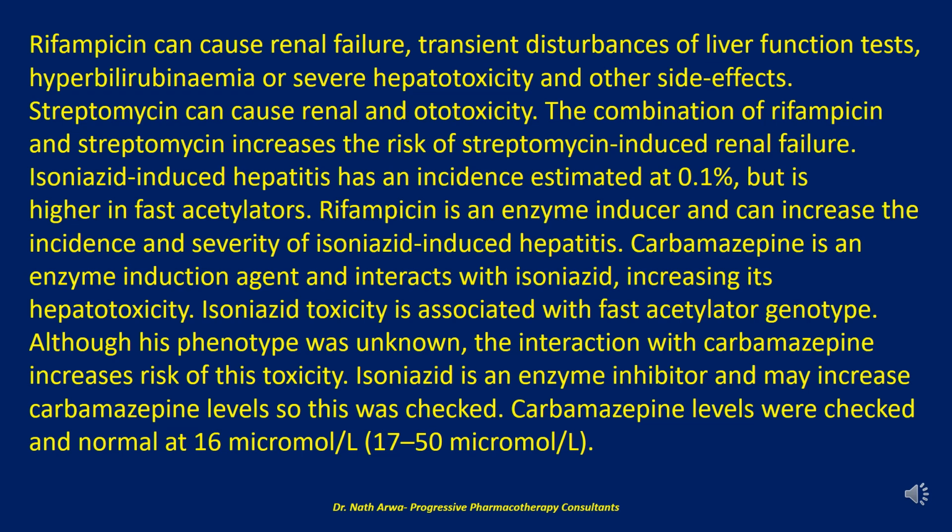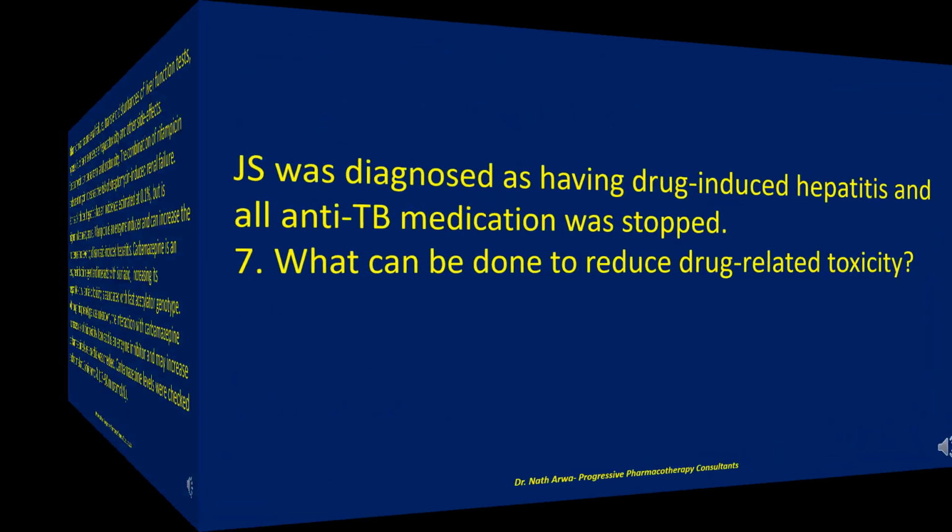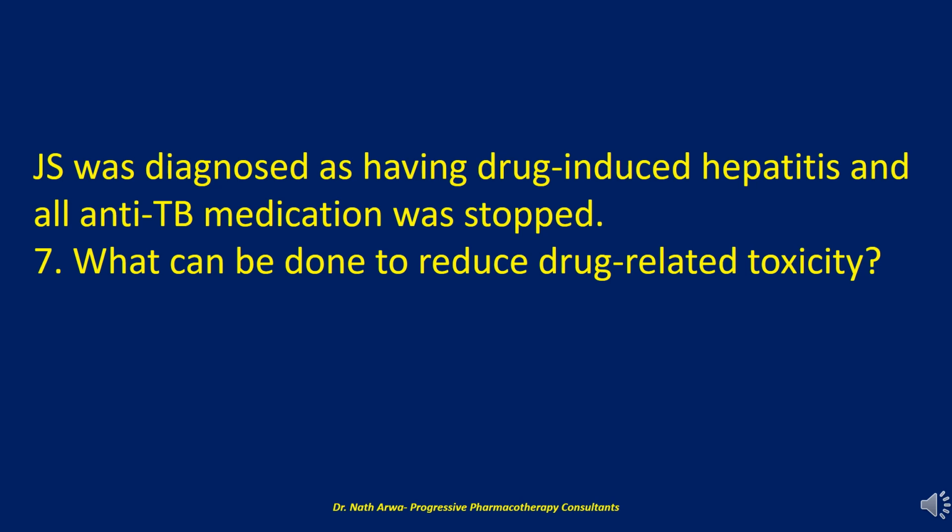Isoniazid is an enzyme inhibitor and may increase carbamazepine levels, so this was checked. Carbamazepine levels were checked and normal at 16 micromoles per liter, corresponding to 17 to 50 micromoles per liter. J.S. was diagnosed as having drug-induced hepatitis and all anti-TB medication was stopped.